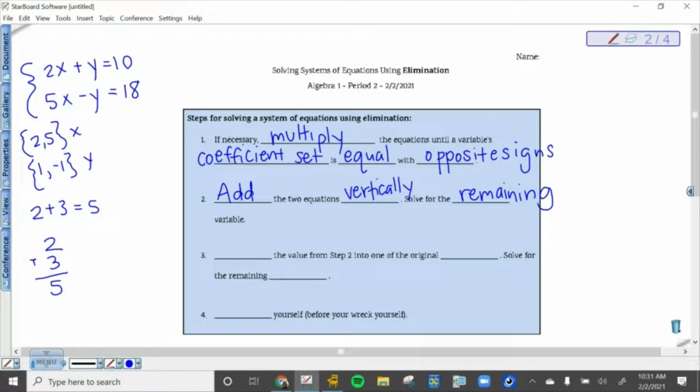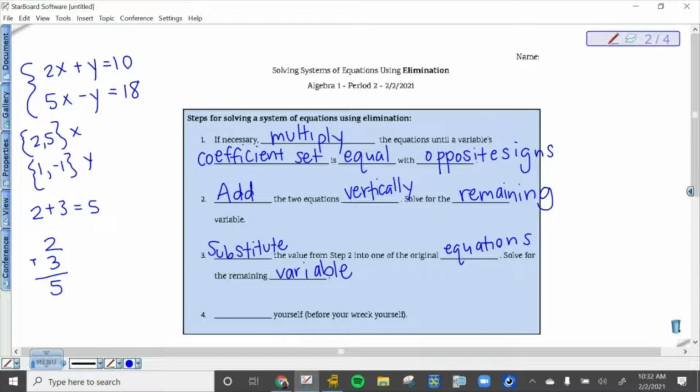And then at this step, it's really similar to substitution, where we just solved for a variable, so we take that value and we substitute it into one of the original equations. So we substitute the value we found in step 2 into one of the original equations. And then we need to solve for the remaining variable.